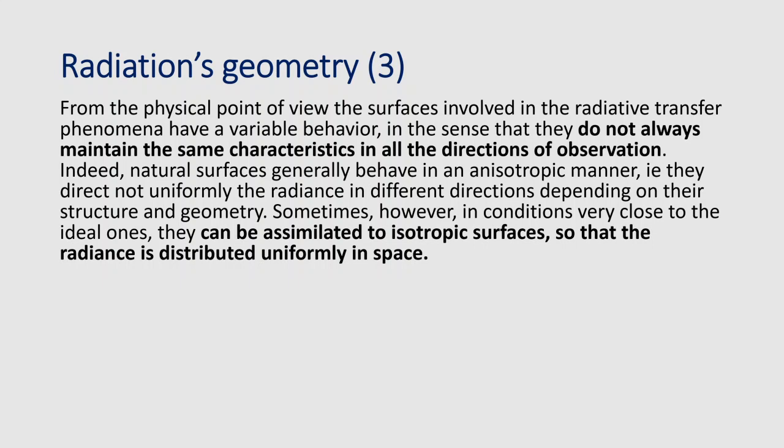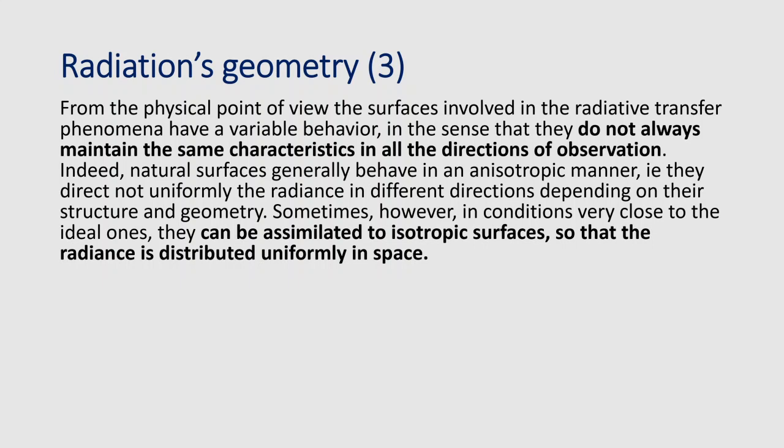From the physical point of view, the surfaces involved in the radiative transfer phenomena have a variable behavior, in the sense that they do not always maintain the same characteristics in all the direction of observation. And this is quite important. In fact, we have that in bold. Indeed, natural surfaces generally behave in an anisotropic manner.